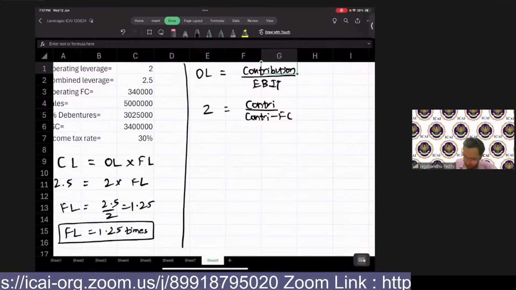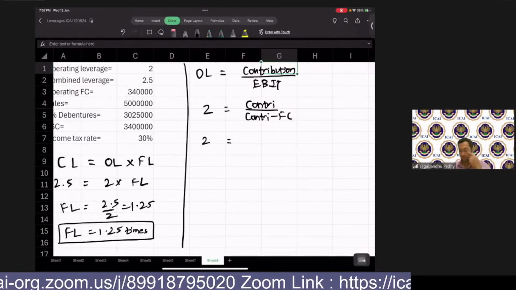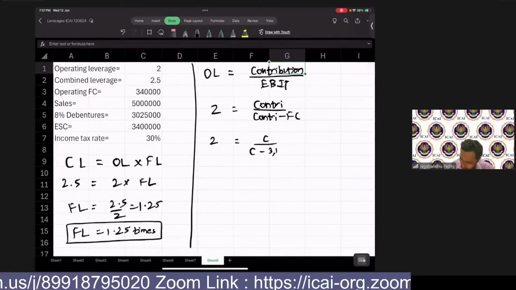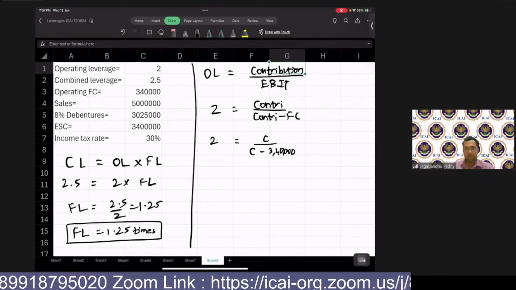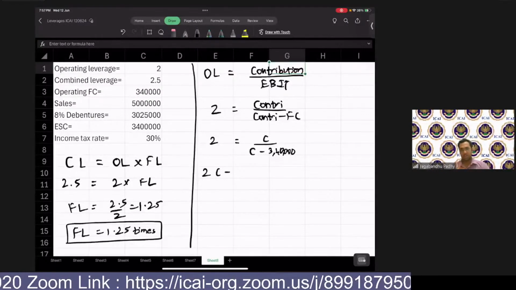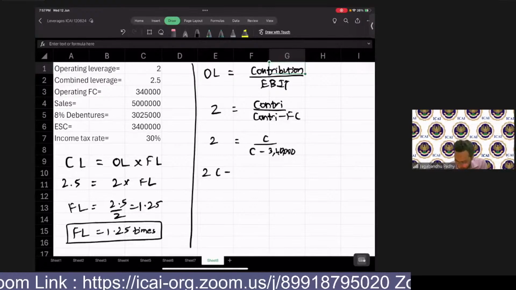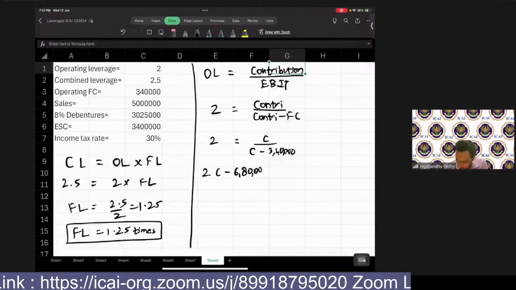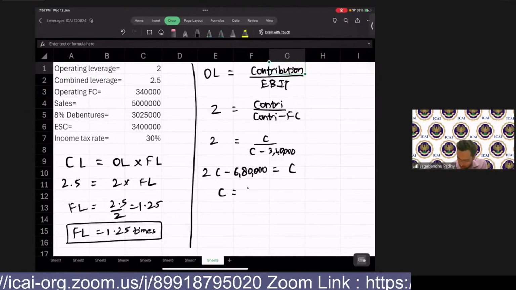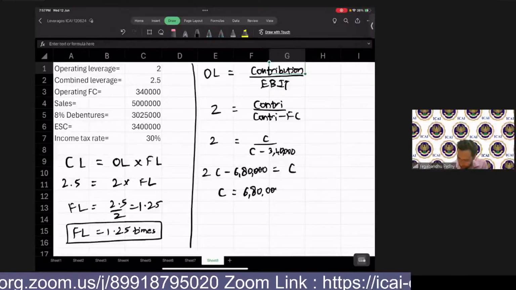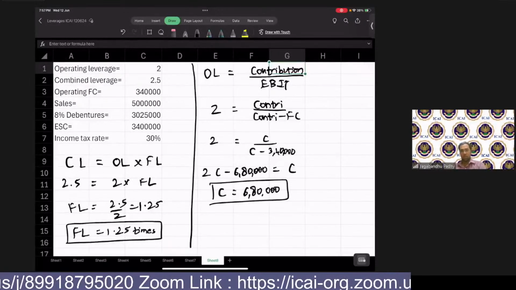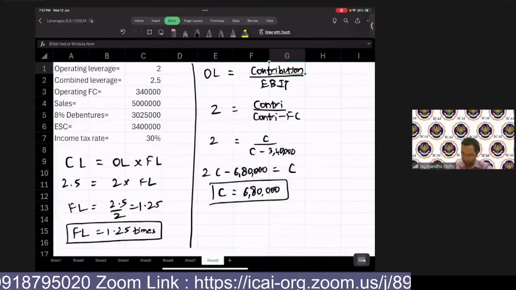Operating leverage is given as 2. So 2 is equal to C upon C minus operating fixed cost of 3,40,000. Cross multiplying, 2C minus 6,80,000 equals C. We get the contribution as 6,80,000.